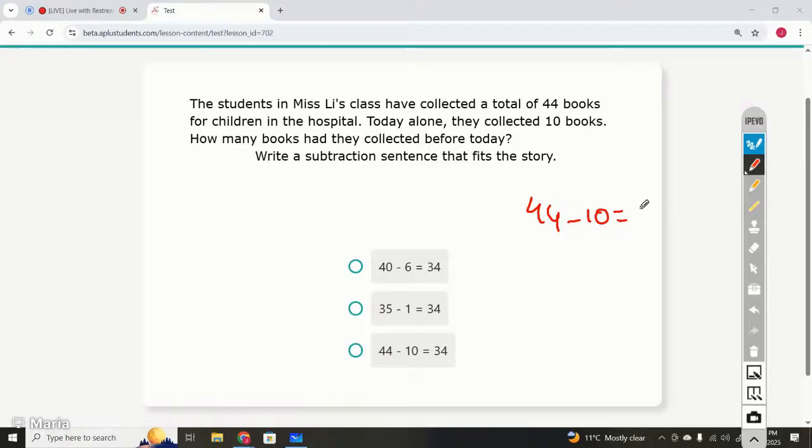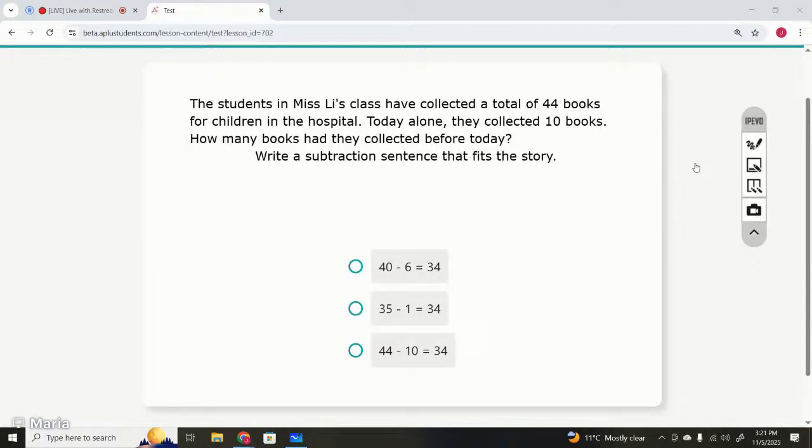So that is go back 10. So 34 it is. Option number 3 is the correct option. 44 minus 10 equals 34.